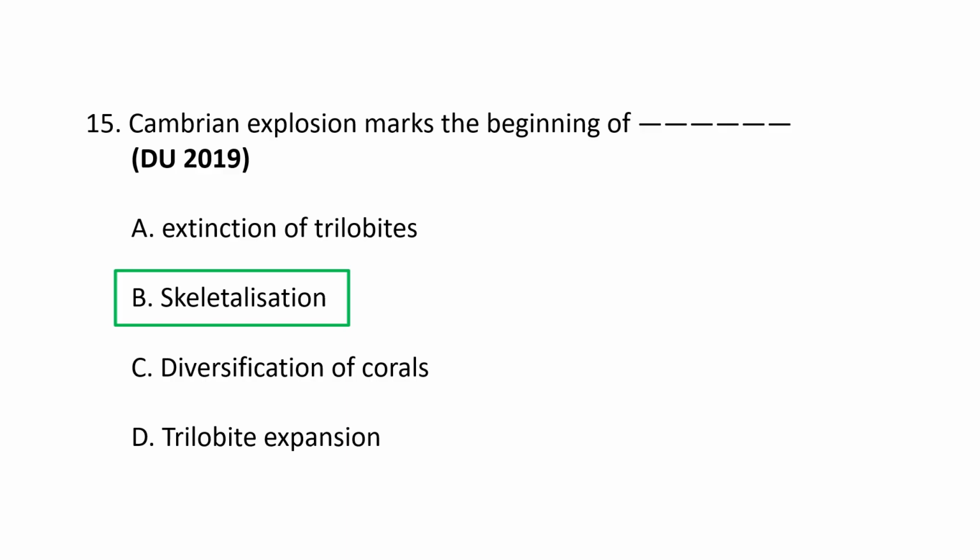This era saw an explosive evolution of complex animal bodies, with the development of biomineralized shells and skeletons, providing animals with structural advantages and leading to a more complex ecosystem and food webs. So Cambrian explosion marks the beginning of skeletalization. B is the correct option.